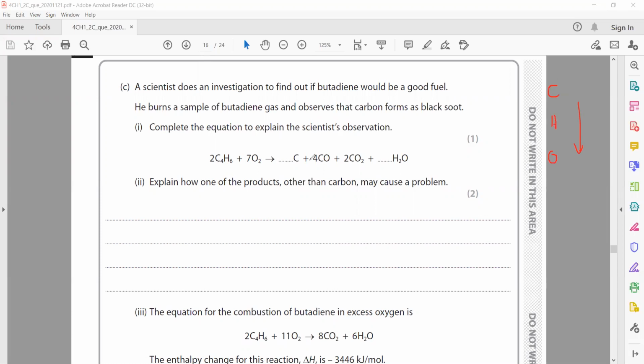We have 8 hydrogen, so we need 2 to balance the carbon number. And for hydrogen, 6 multiplied by 2 makes 12 hydrogen.